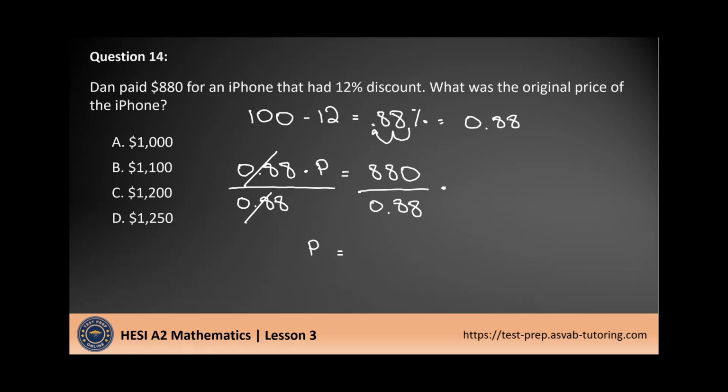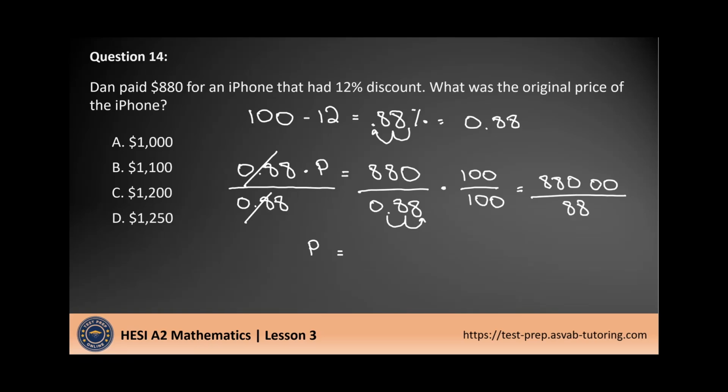We'll multiply both by 100. Again, 100 over 100 is just 1. So I'll write that 880, add 2 zeros because we just multiplied by 100. We multiply the denominator by 100, which moves the decimal twice to the right, eliminating a decimal.